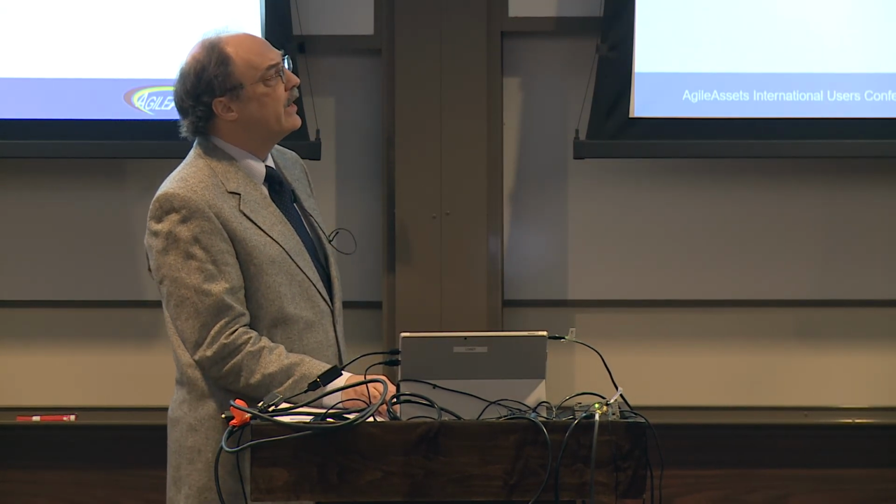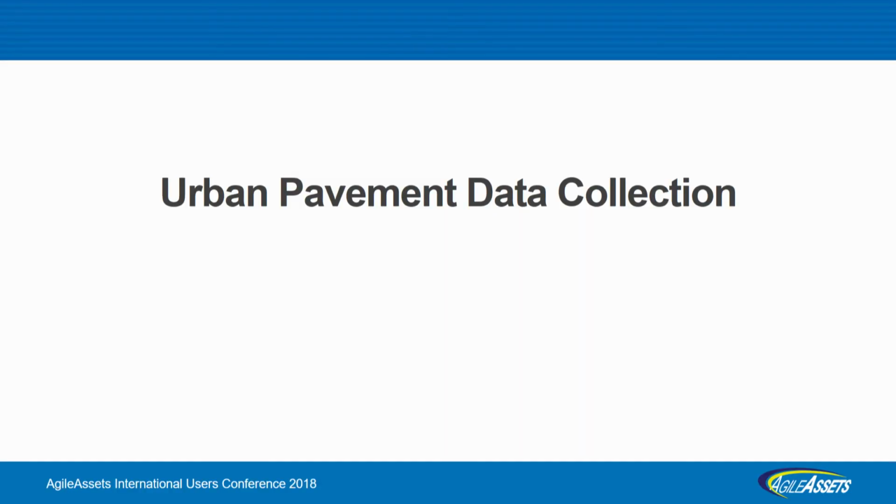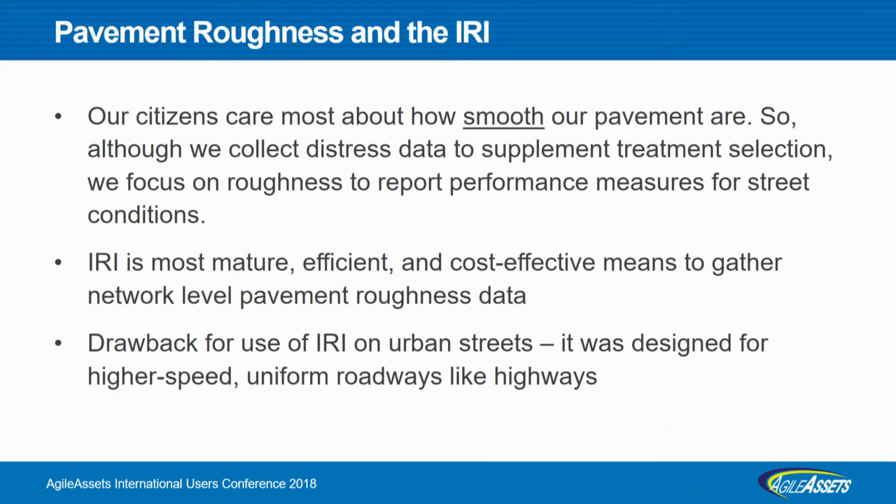To talk a little bit about urban pavement data collection, this has been a challenge for us. Our citizens care about the smoothness of the streets, so we've used the IRI and settled on that roughness measurement as our primary driver.